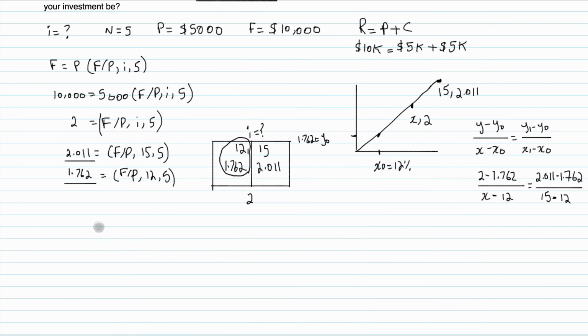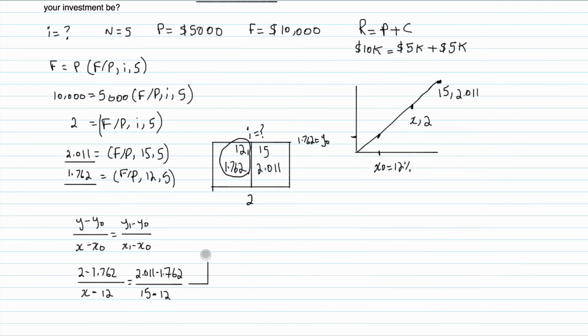So basically, if we take this equation, we have 3 times (2 minus 1.762) divided by (2.011 minus 1.762) plus 12 is equal to x.